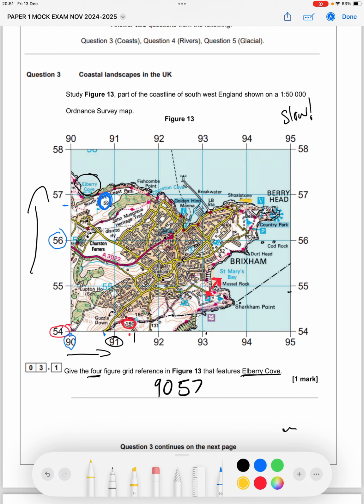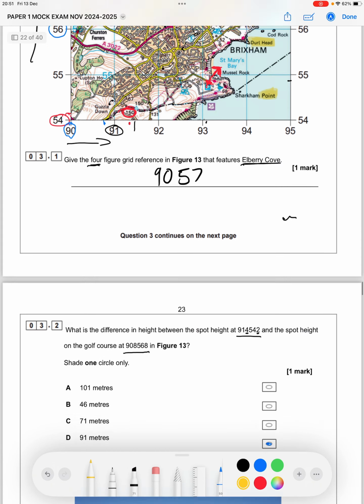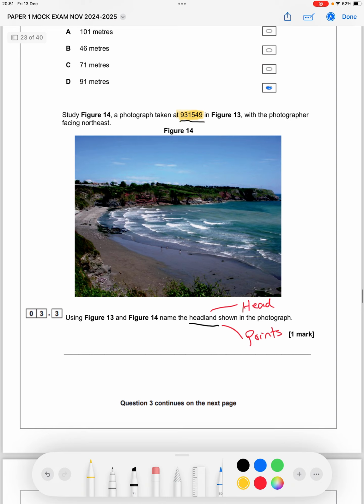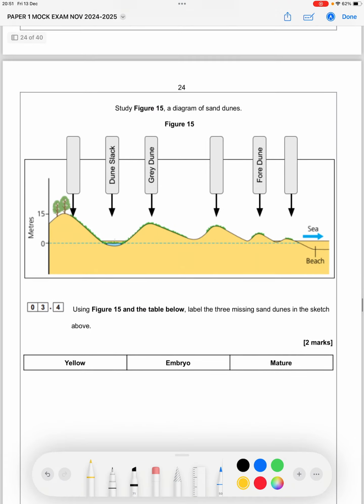You can see some, for example, like Charleston Point, Berry Head, Sharkham Point, Fishcombe Point, but the one we want, northeast, is that one there, Dirl Head. So the answer would be Dirl Head. There you go, so right there.